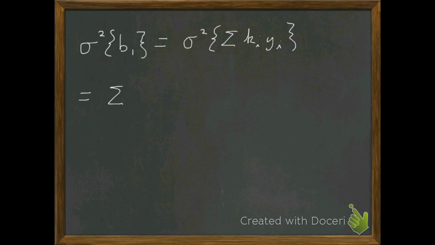We've got the sum of k sub i's squared, sigma squared, pull that out. And then look at our y sub i's.